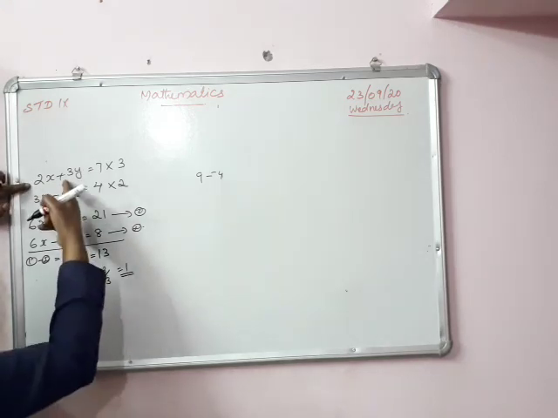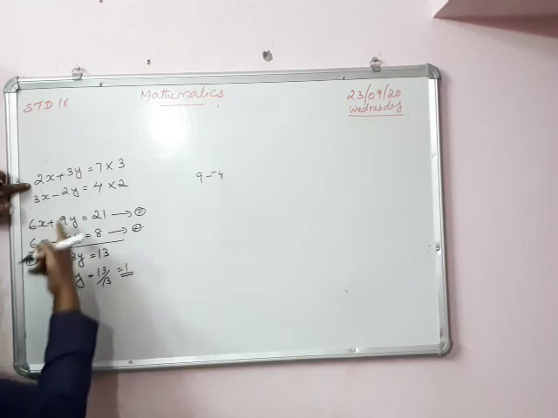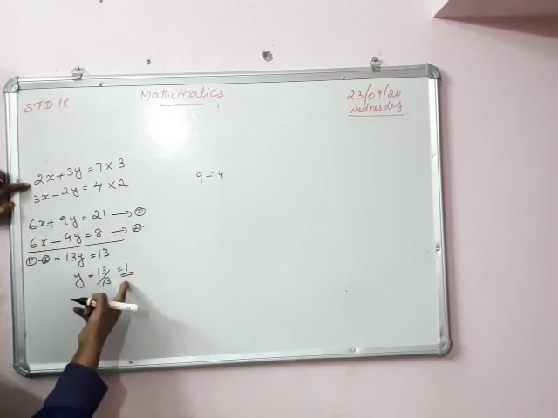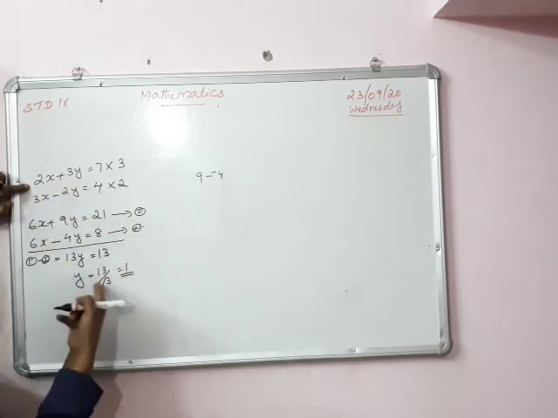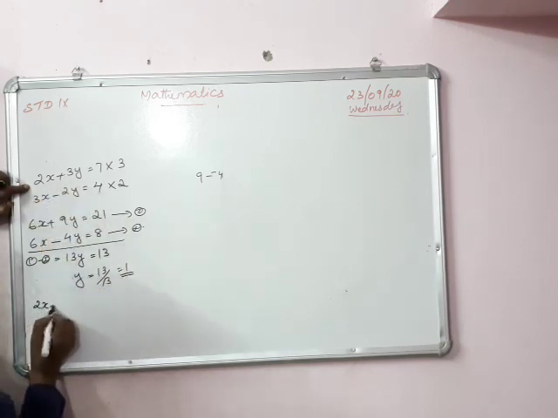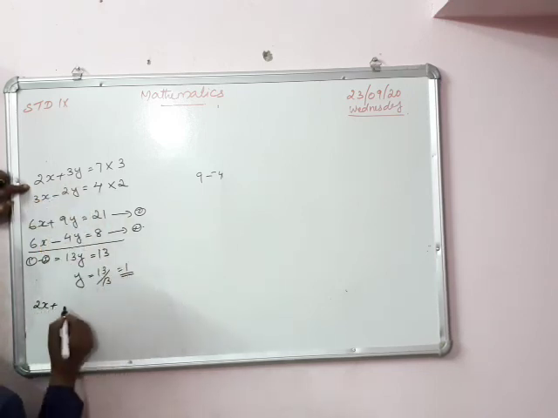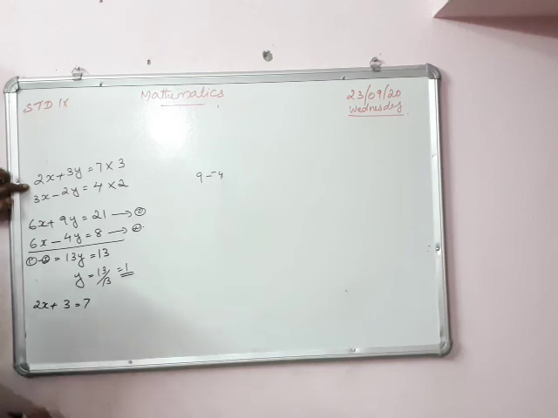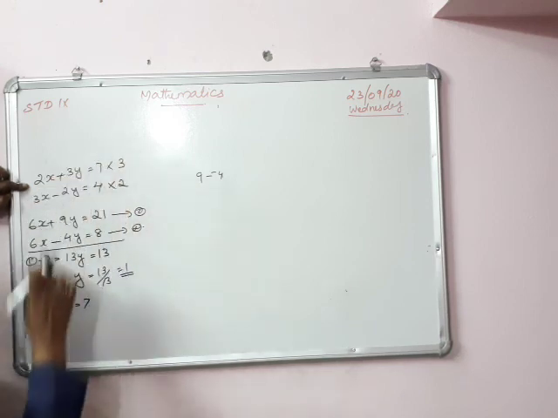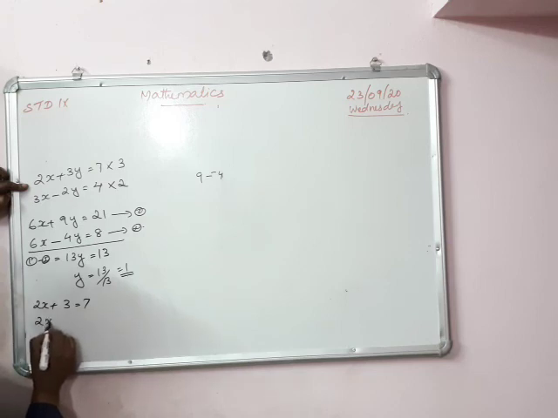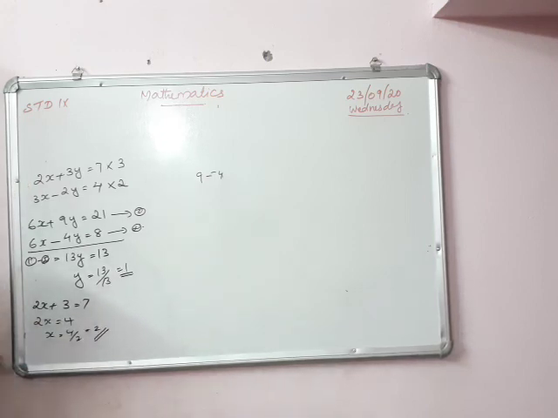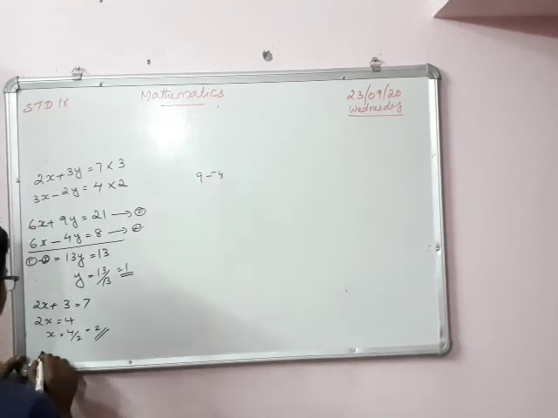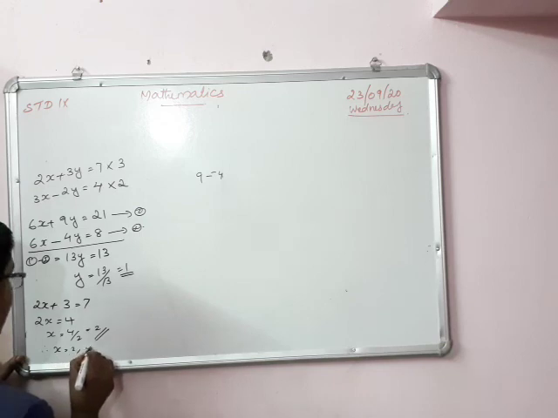We can select the smallest equation, because here 6 or 9 are large numbers, so we can take small numbers. 2x plus 3y: 3 into 1 is 3, equal to 7. Then 2x is equal to 7 minus 3, 4. x is equal to 4 by 2. So the value of x is equal to 2, y is equal to 1.